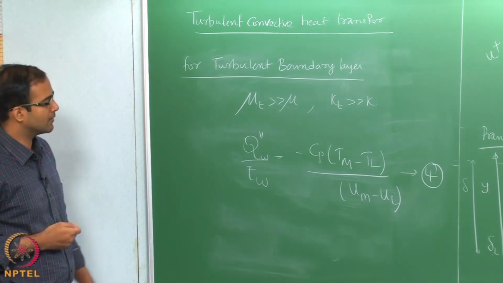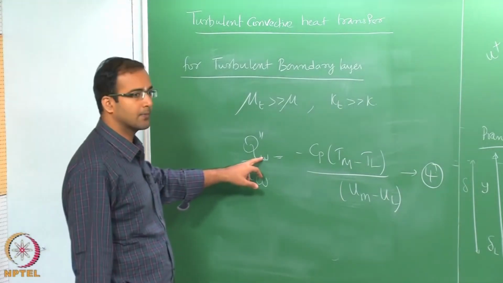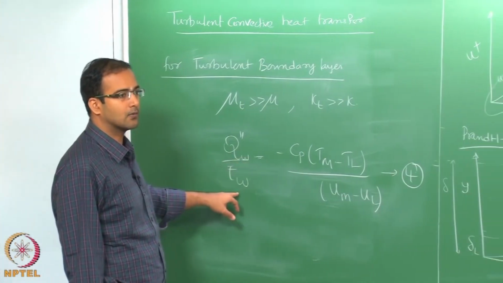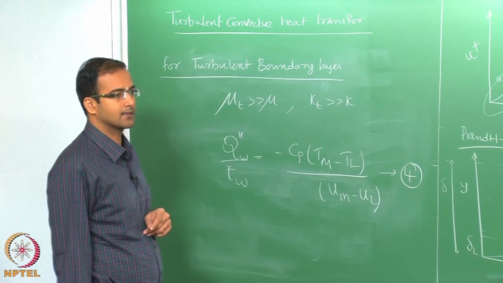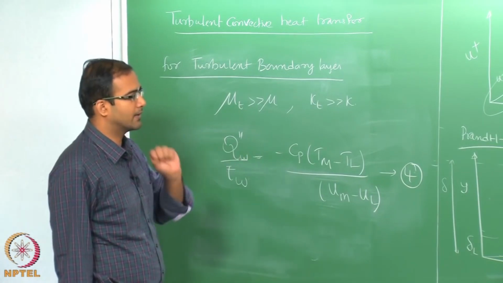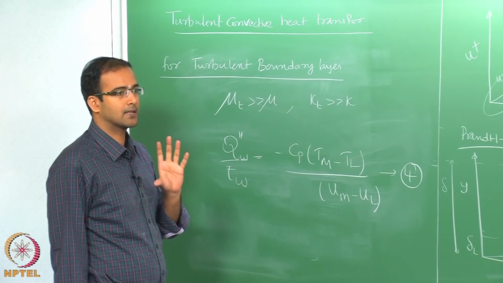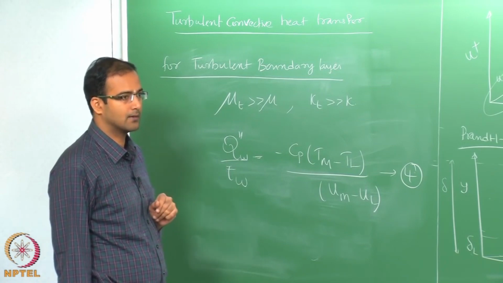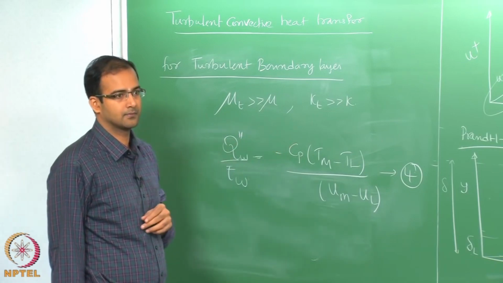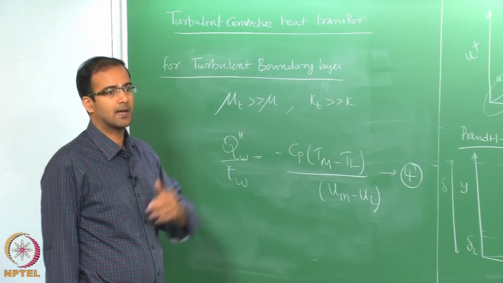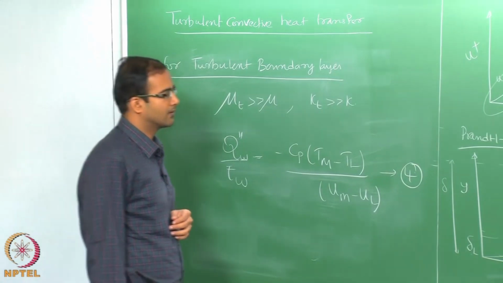Okay. So, therefore, we can just replace q and tau with q wall and tau wall, and now the unknown quantity in this, we know, for example, for a given isothermal condition we know what is the wall temperature T wall, okay, but what we do not know here is TL, the temperature at the edge of the laminar sublayer. Okay.